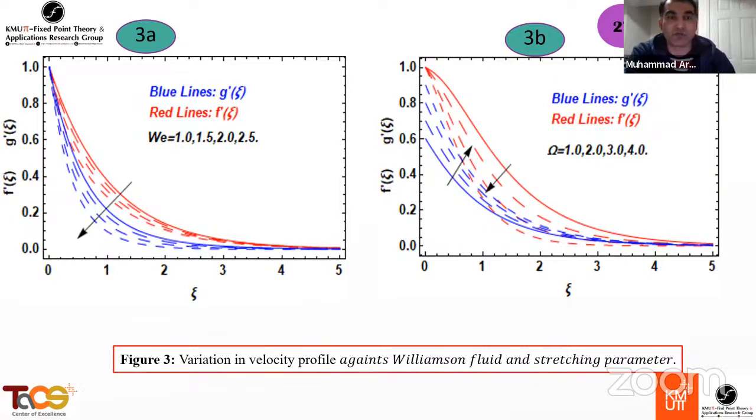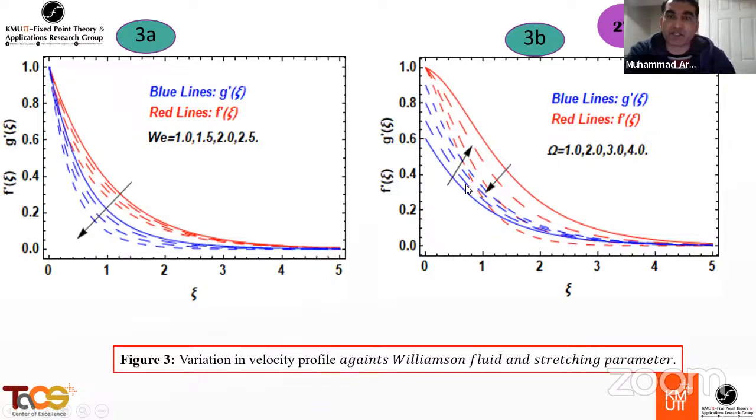So this Williamson parameter can increase the viscosity of the fluid flowing on this stretching sheet. As a result, the velocity declines, and you can see the decline of velocity in figure 3a. Furthermore, both velocities, the primary velocity in red and the secondary velocity in blue, are declined.